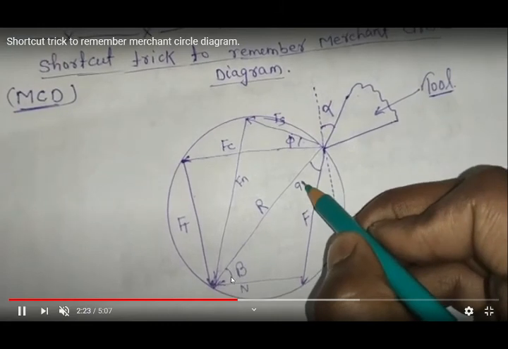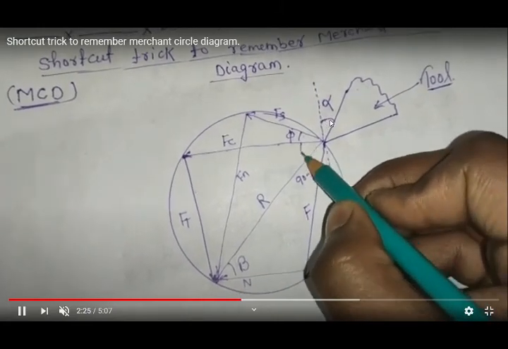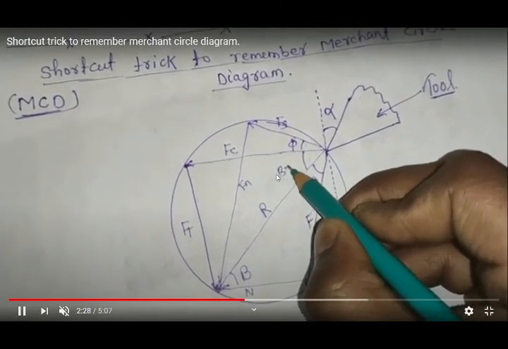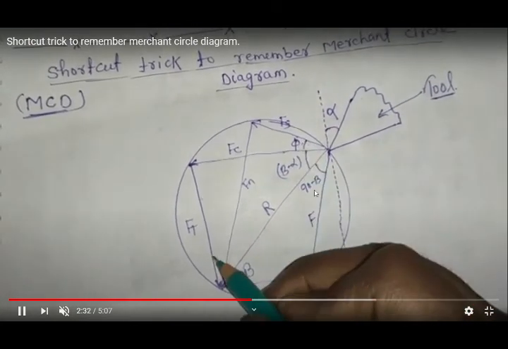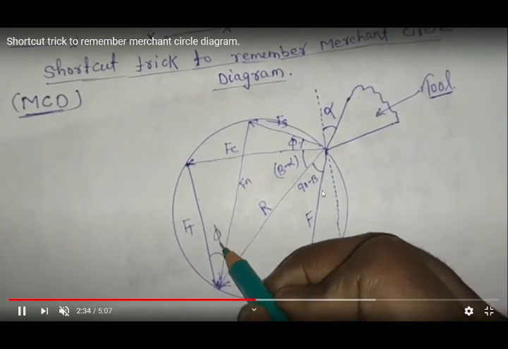This is the beta, this is the alpha and phi, beta minus alpha, 90 minus beta, and phi.